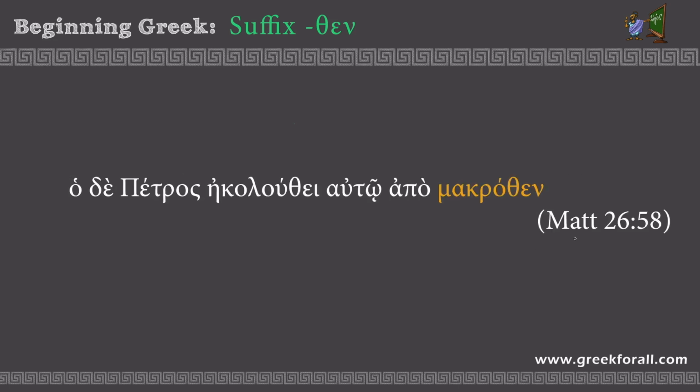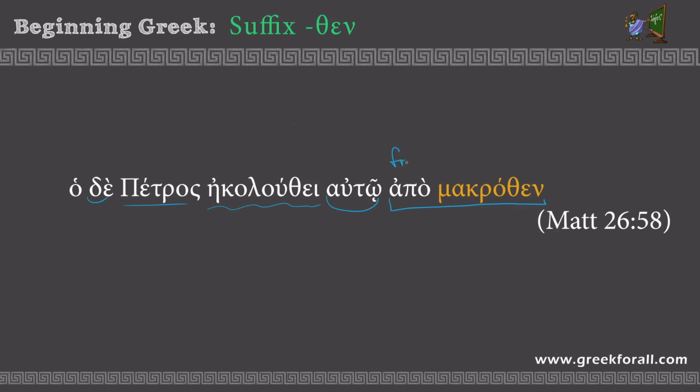And our final example is from the Gospel of Matthew, the story of Peter following Jesus after he was arrested at the Garden of Gethsemane. So let's read. Hode Petros ekoluthei autoch apo makroten. But Peter was following him, meaning Jesus, apo makroten, a prepositional phrase.